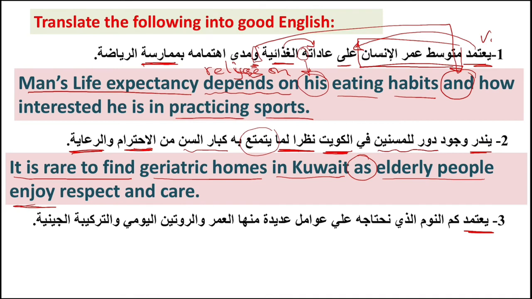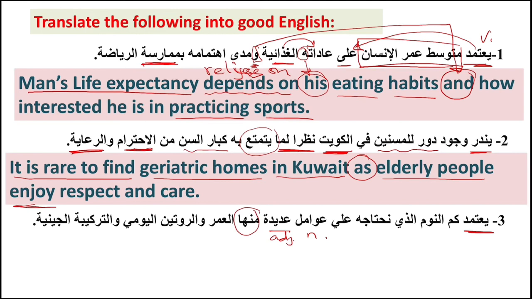Now عوامل is a noun, and you have عديدة as an adjective, so in English you need to start with the adjective, so it would be several, and then عوامل, factors. منها we can say, for example, such as, and things like that.